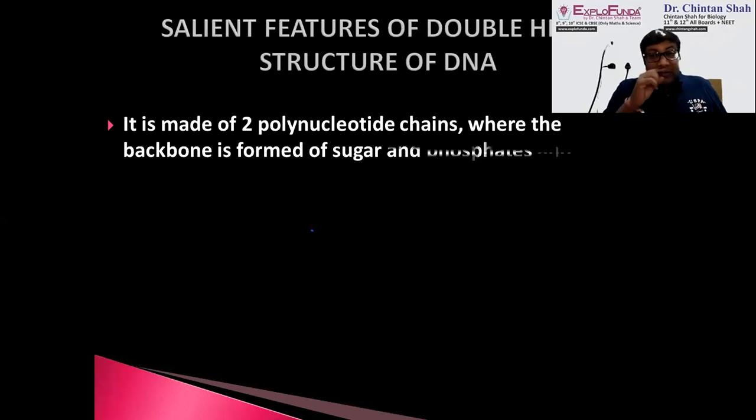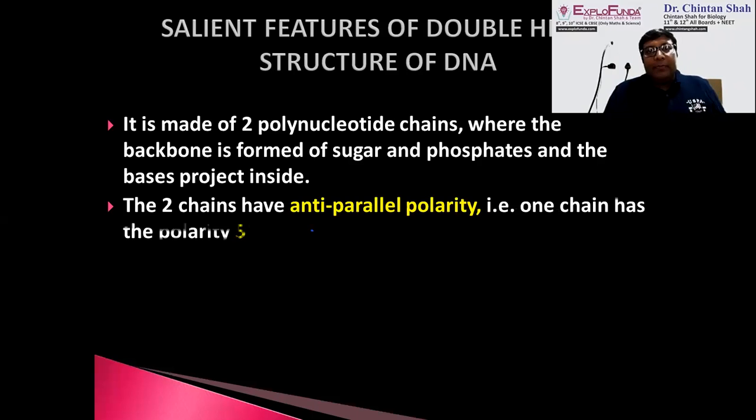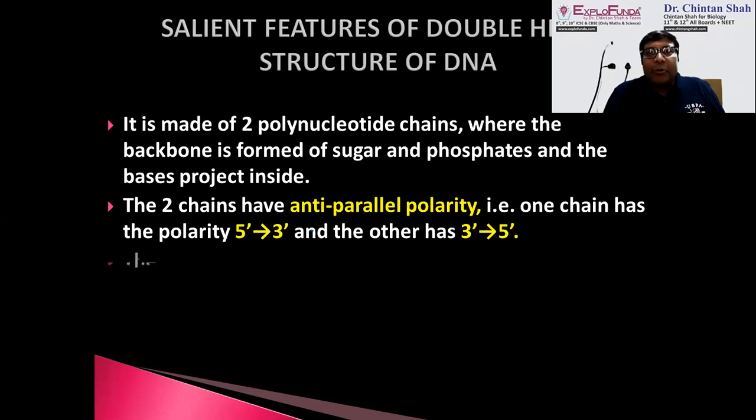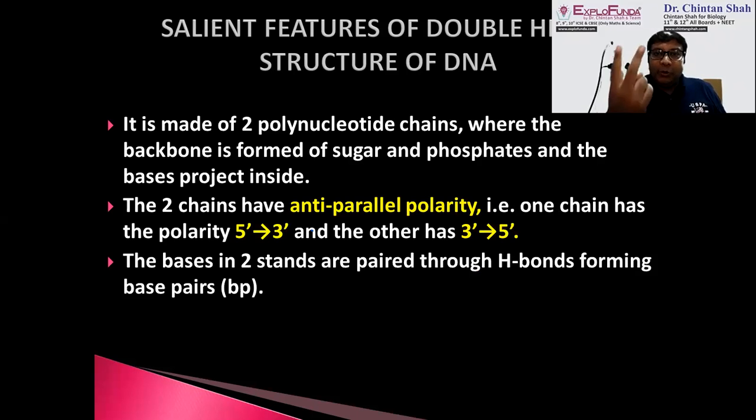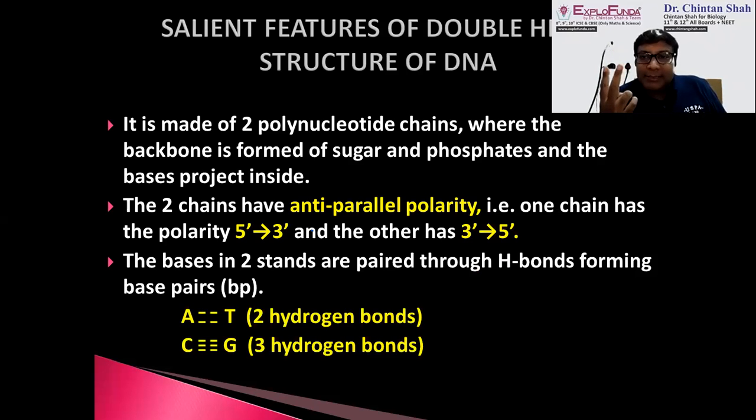Here, the next is about what? It's about the details of DNA only. It is made up of 2 polynucleotide chains. We have already completed it, so I'm just showing you where the backbone is made up of sugar and phosphate, and the bases are projecting inside.